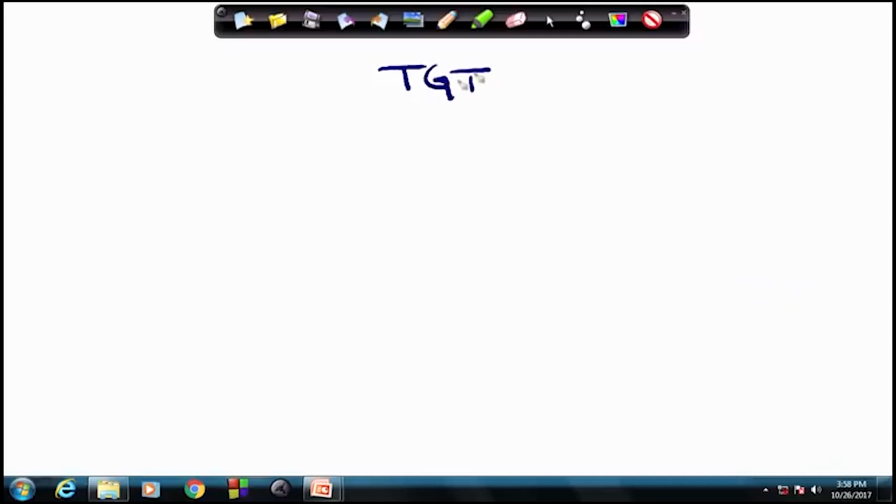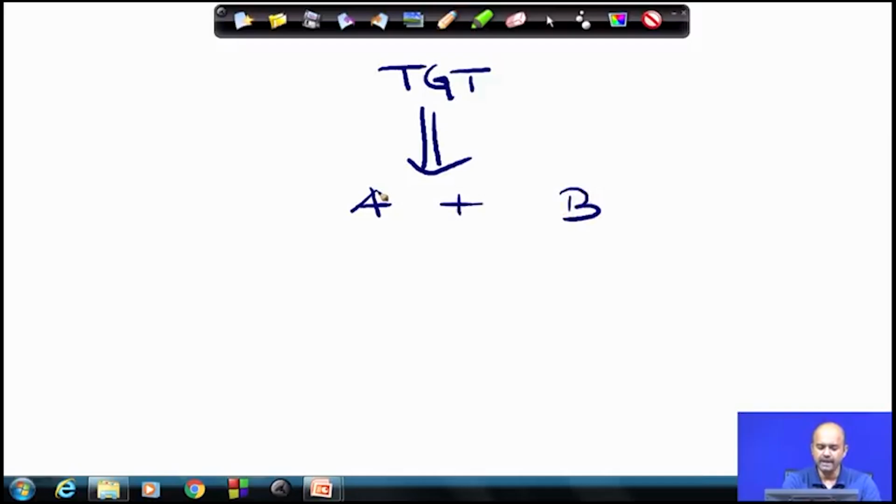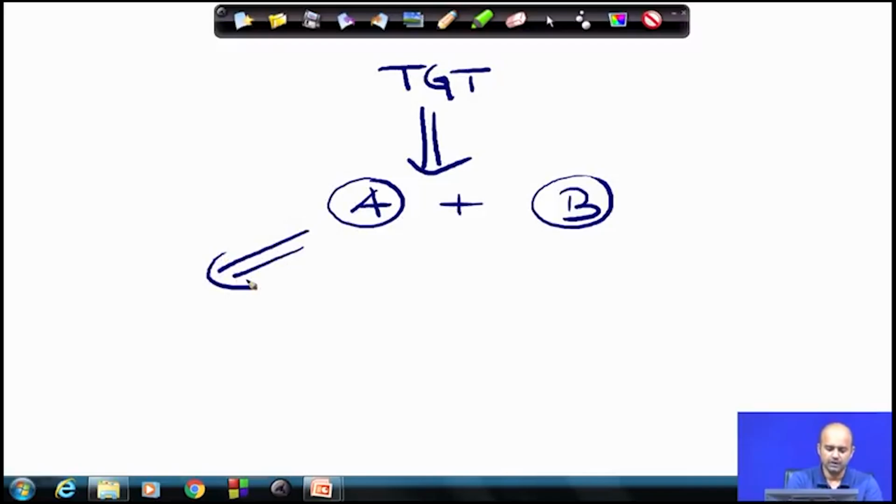So, we have a target molecule, and you do a retrosynthesis arrow, which is called a backward arrow. You come to an intermediate A plus B. Now, this A might be a complex molecule, it is not commercially available. So, devise a retrosynthesis for A first, and that will give you another intermediate C plus D. This B also may not be commercially available.